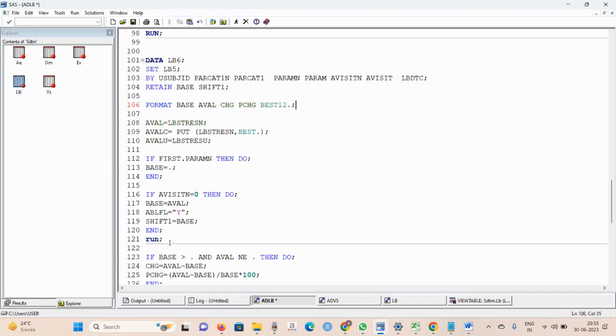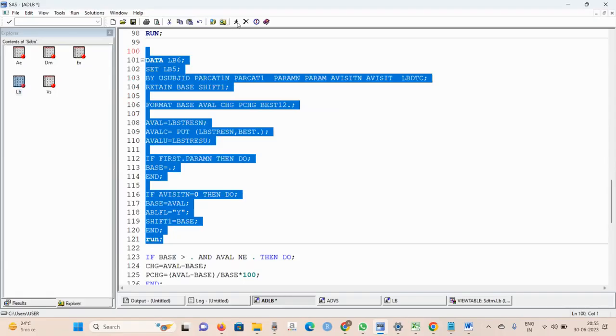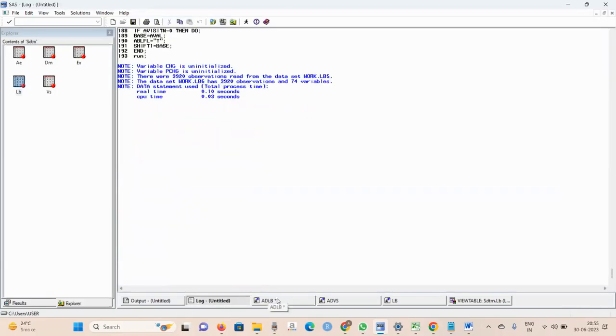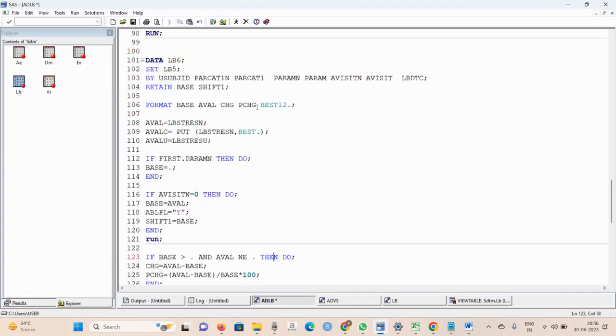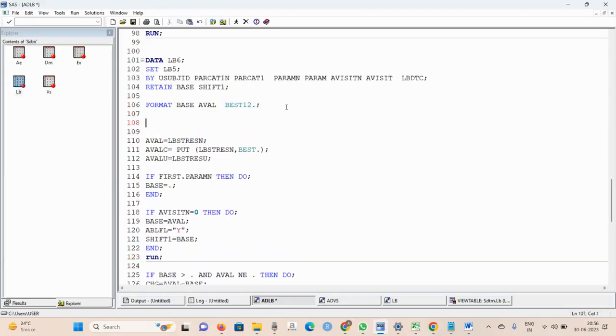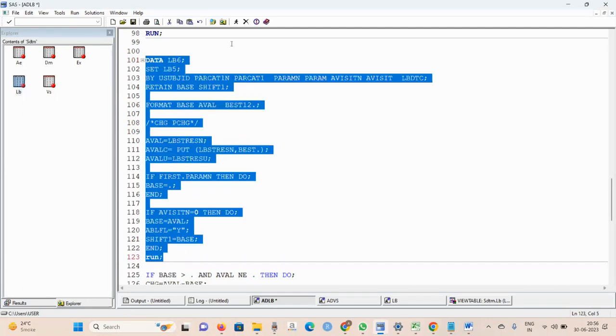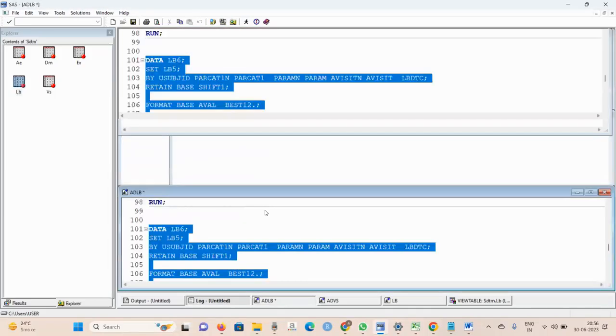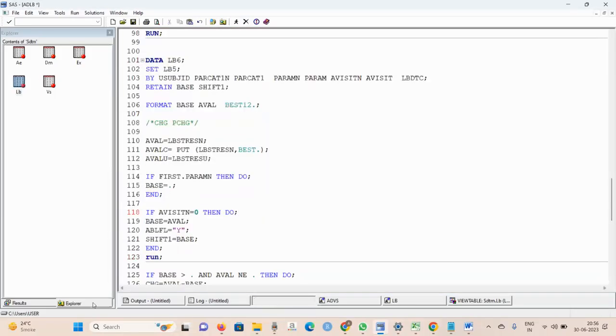So I'm applying some format for the shift one, then change, percentage change, and initialize. Okay, so LB6.